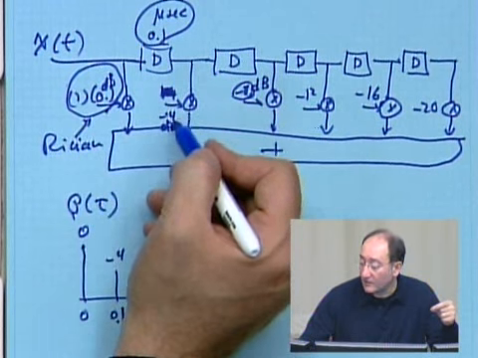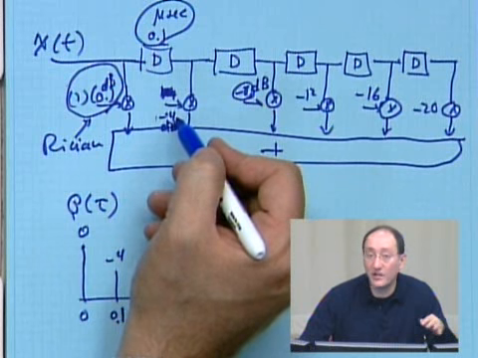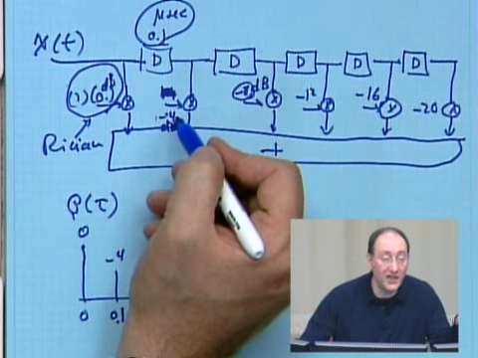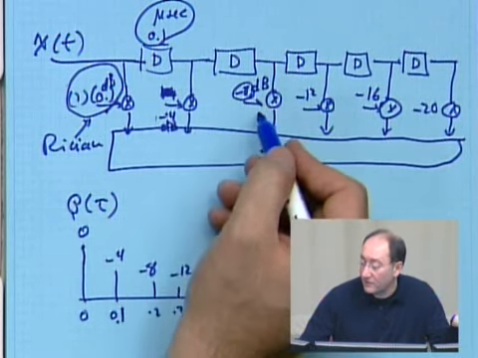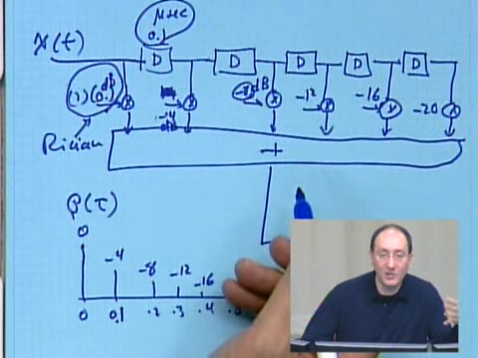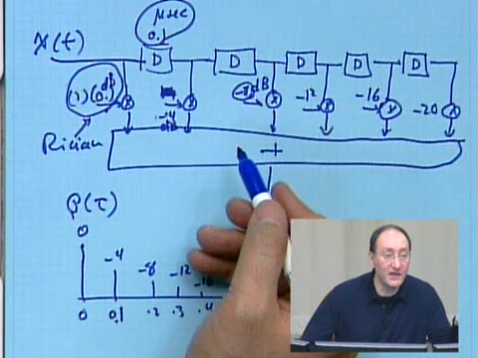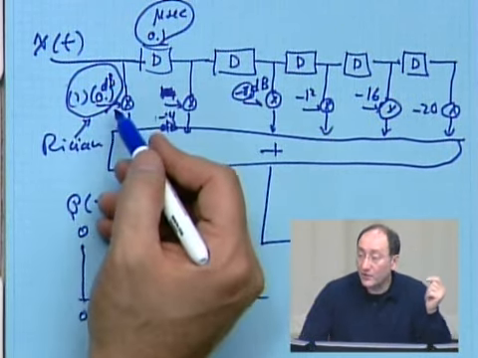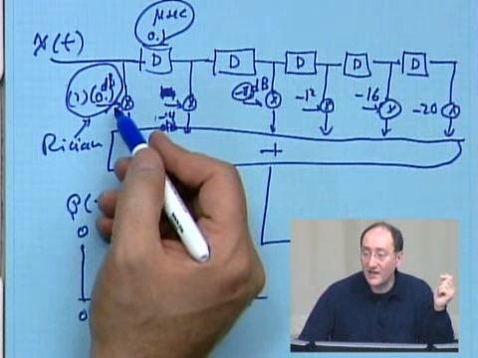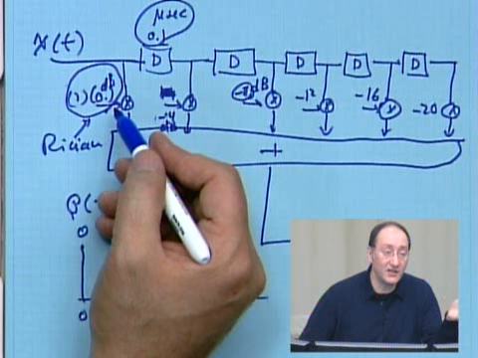And then for the second one, I put 4 dB less variance, but I don't have the DC component anymore. It's exactly what I had before. And then for this one, minus 8, and so on. So I call the same subroutine 5 times, and then I change the variances. Only for the first one, in addition to variance, I'm adding a DC component to make it Ricean.